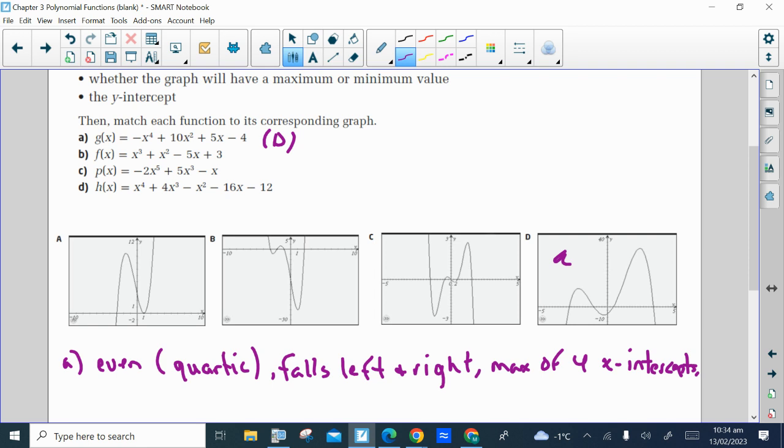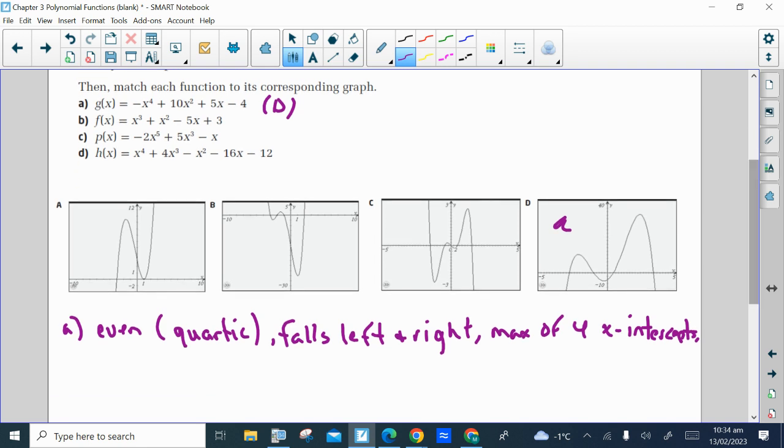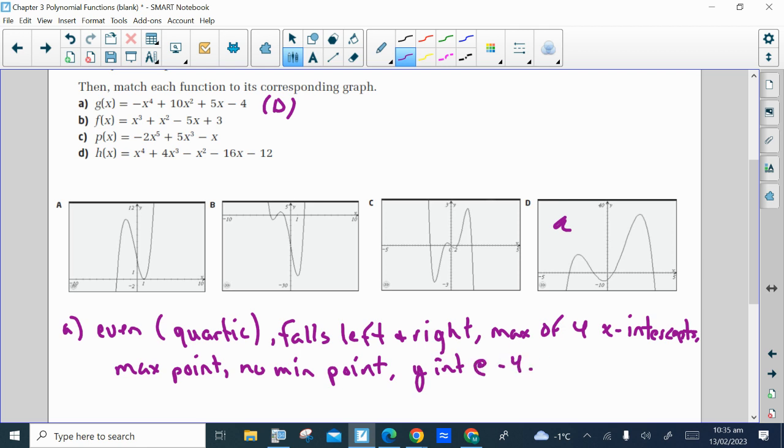And this graph does have a maximum point, and you can see it. There is a maximum point on this graph, but there is no minimum point because the graph falls to the left and falls to the right. It goes down forever, so it never reaches a low point. It just keeps going down. And the y-intercept is at -4 because that's the constant term.